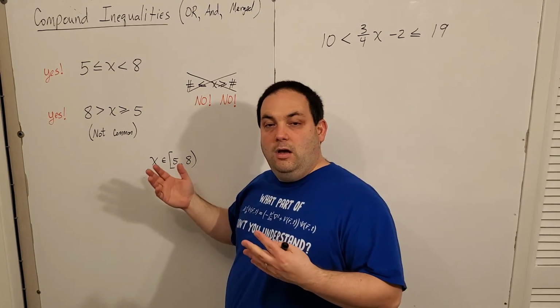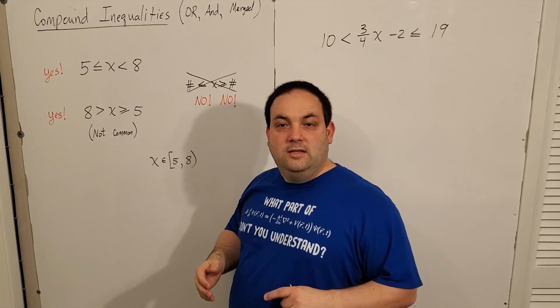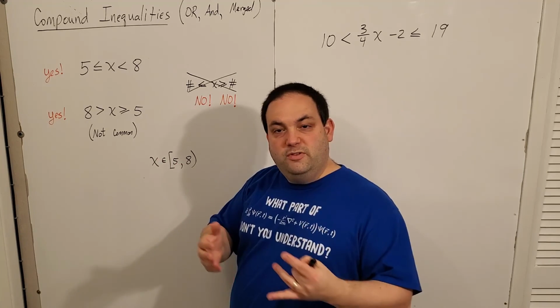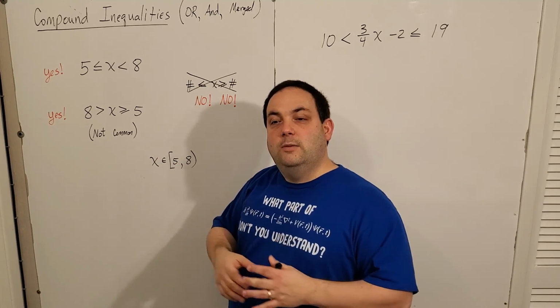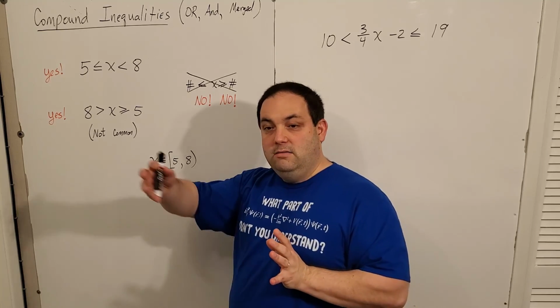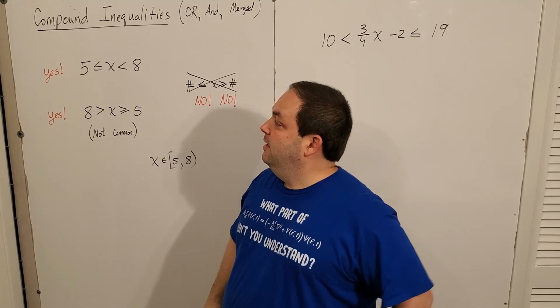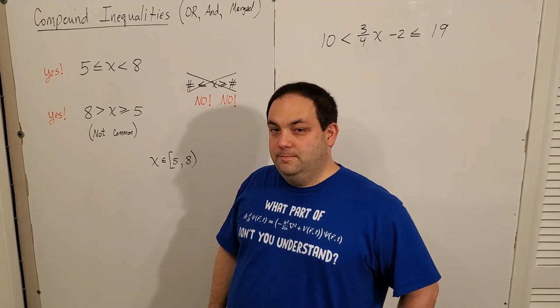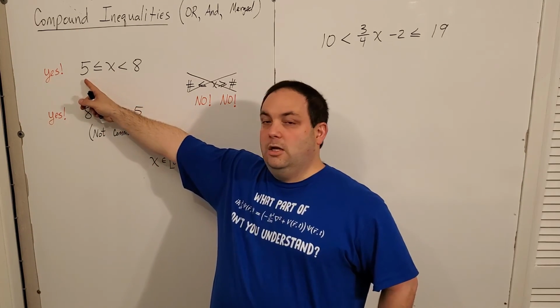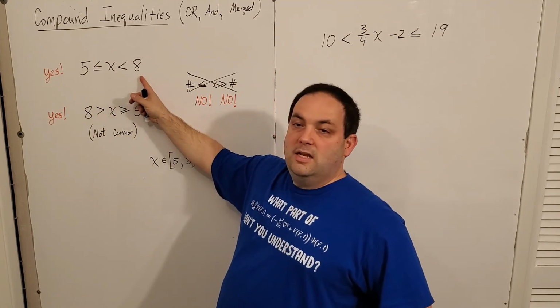In the case of equations and inequalities, these are all sentences with verbs of being, which means the subject is just some object that is in a set or is a number or something like that. So x is always your subject. So when I'm reading this, I'm not going to go 5 is less than or equal to x is less than 8. Don't do that.